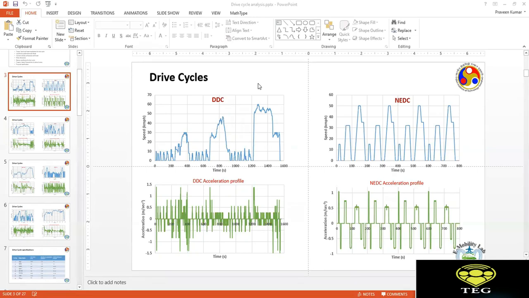Sir, for the smooth acceleration, for the smooth drive of the vehicles, torque requirement will be less once we increase the acceleration. Okay. Good. Anybody else with any more ideas?